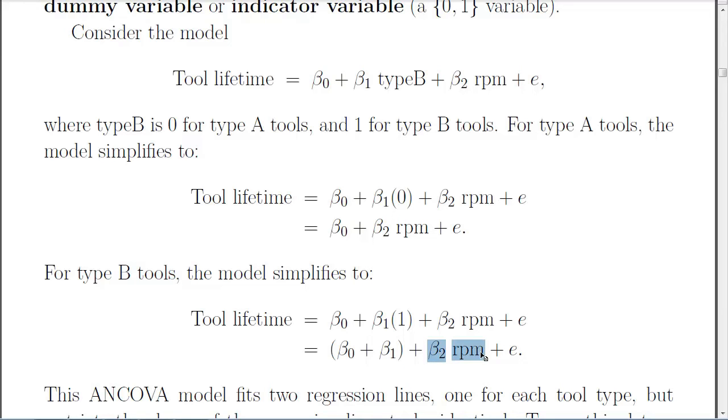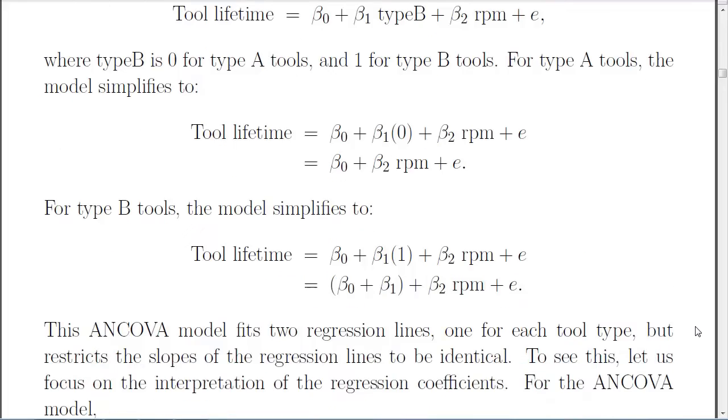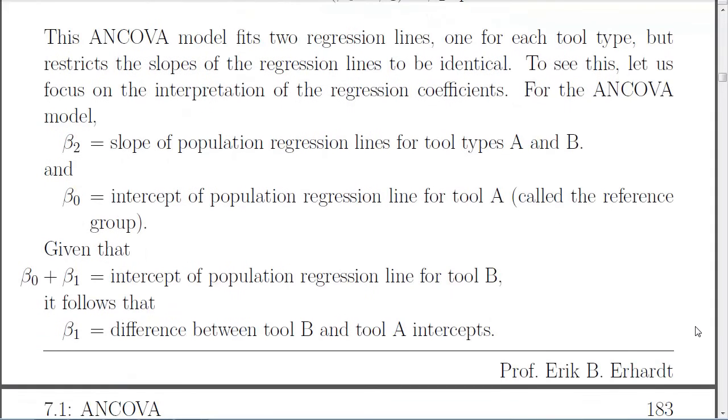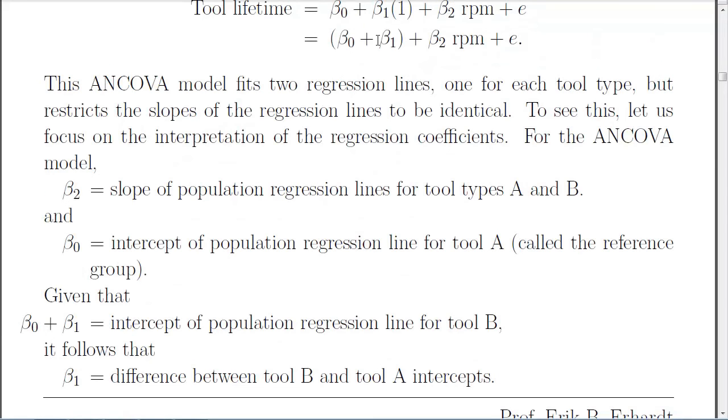Notice that beta 2 is the slope regardless of whether it's tool A or tool B. So this model gives us two regression lines, one at intercept beta naught, the other at intercept beta naught plus beta 1, but they both have the same slope. All right, so we're talking about parallel regression lines. And that's what all that stuff says. Maybe to be specific here, beta 1 is the difference in intercepts between the two tool types. So that's what this line down here says.